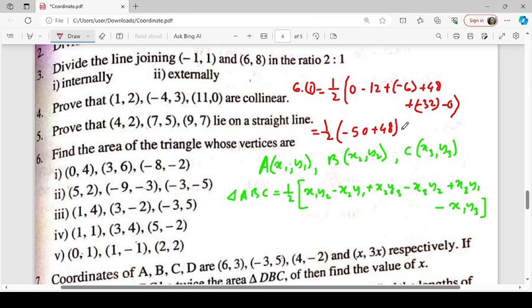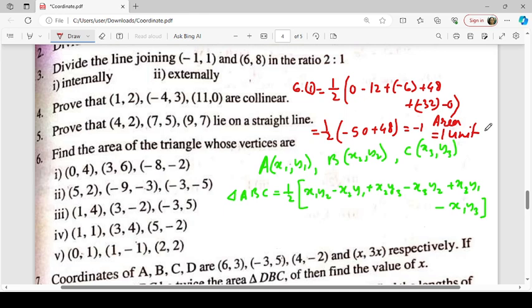So it is minus 2 is equal to minus 1. So area, we cannot write a negative value for area, so we just write area is equal to 1 unit.